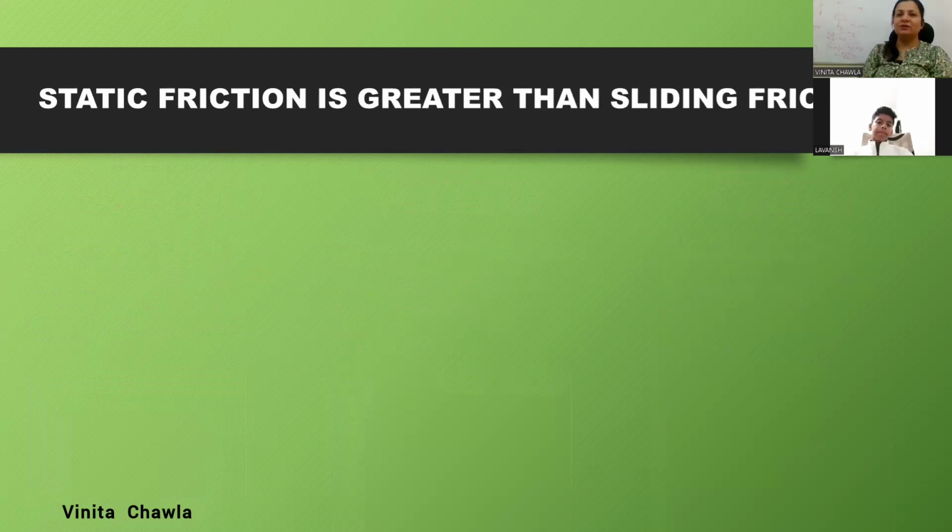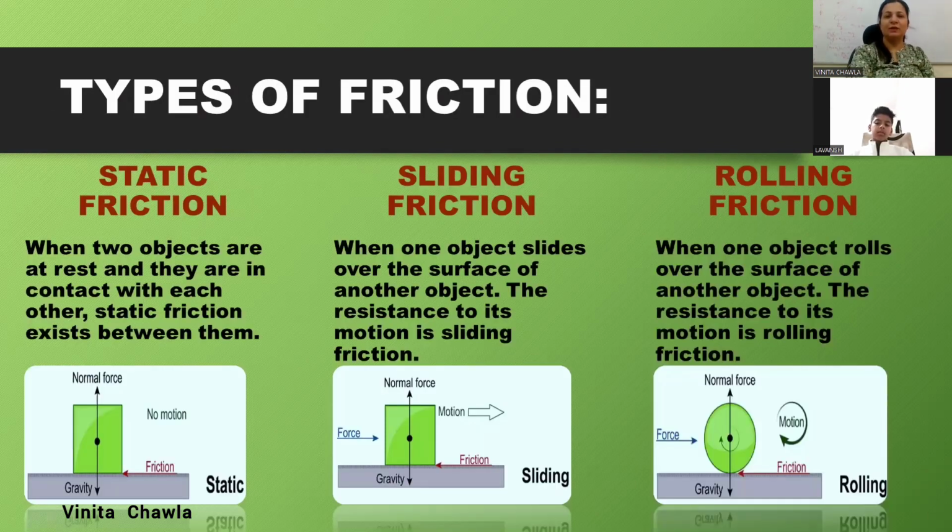Now, static friction is greater than sliding friction. Why is static friction greater than sliding friction? What do you think? Suppose we have these two cases. First is the case of static friction, and this is the case of sliding friction. Both the objects are the same, surfaces are the same. Still, we are saying that sliding friction is less as compared to static friction.